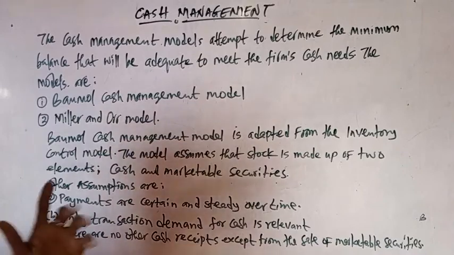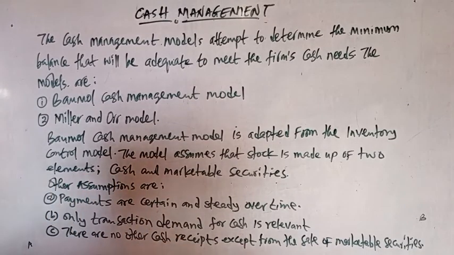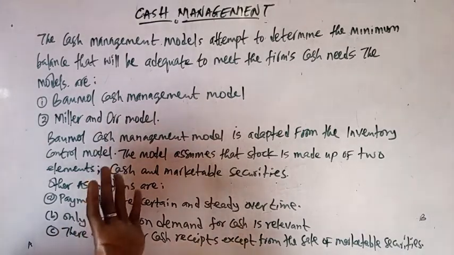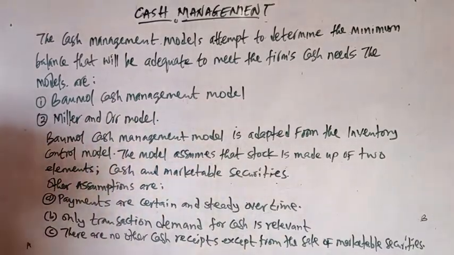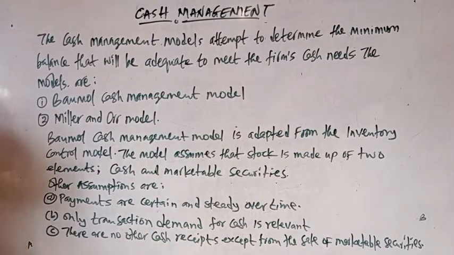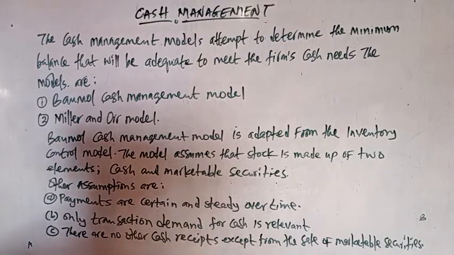And how can we maximize the wealth of the shareholders in particular? By reducing costs. When you reduce your costs, definitely you are going to maximize the wealth of the shareholders.